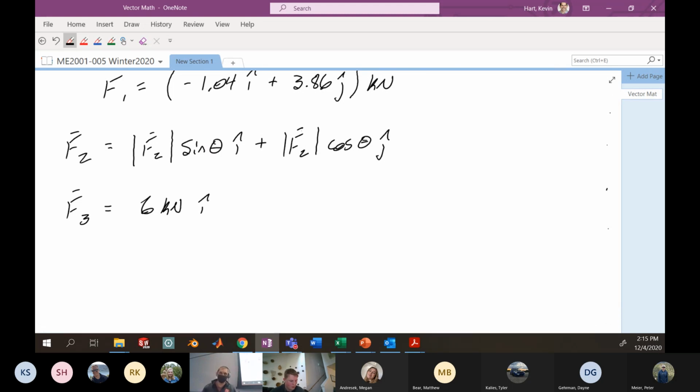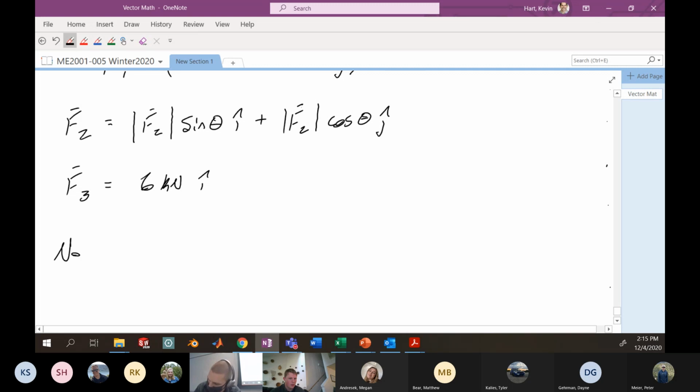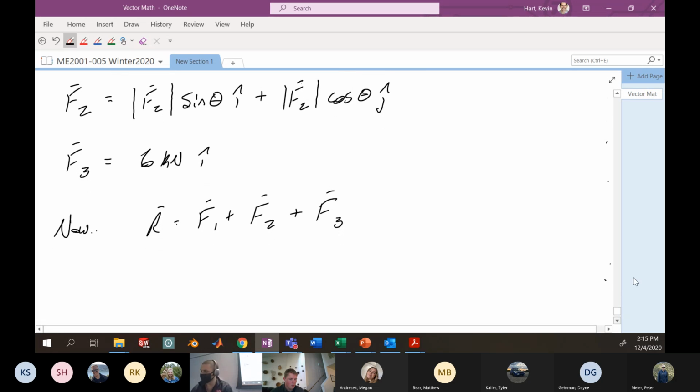Now I'm ready for my vector addition to bring it all together. Remember, my resultant force is a summation of all of those individual forces. So finally, my resultant force is F1 plus F2 plus F3. Let's write that down here. It's going to take a little bit of space, but we can do it.